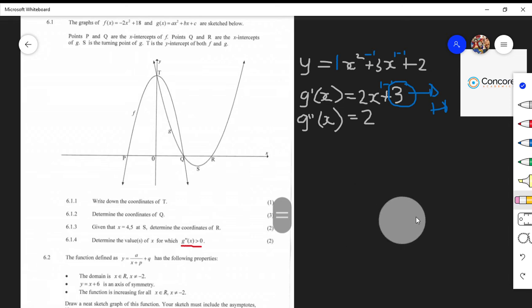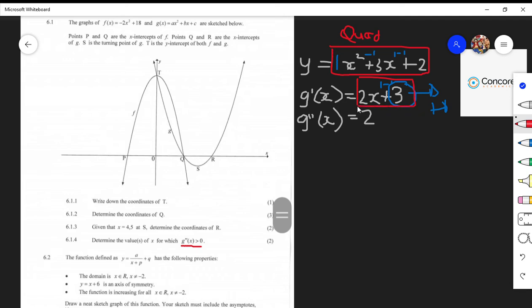Now, do you see what I was talking about before when I said our first equation, which is this equation here, is a quadratic equation. Okay? And then when we derive a quadratic equation, we get this equation right here, which is a straight line equation.